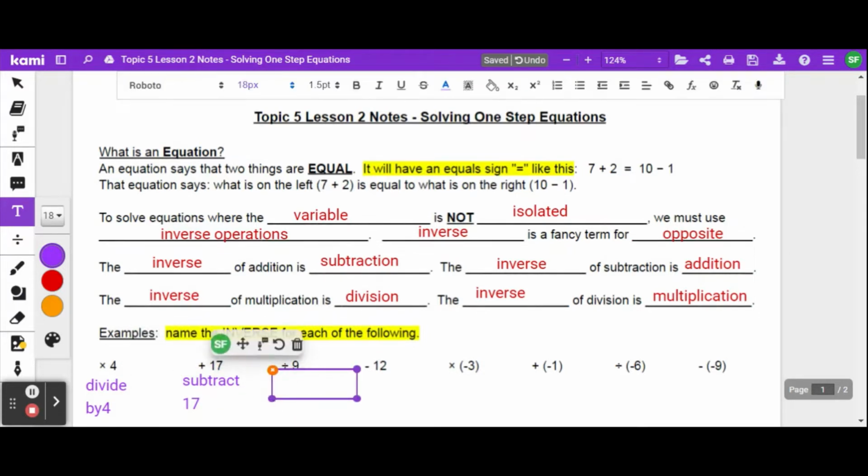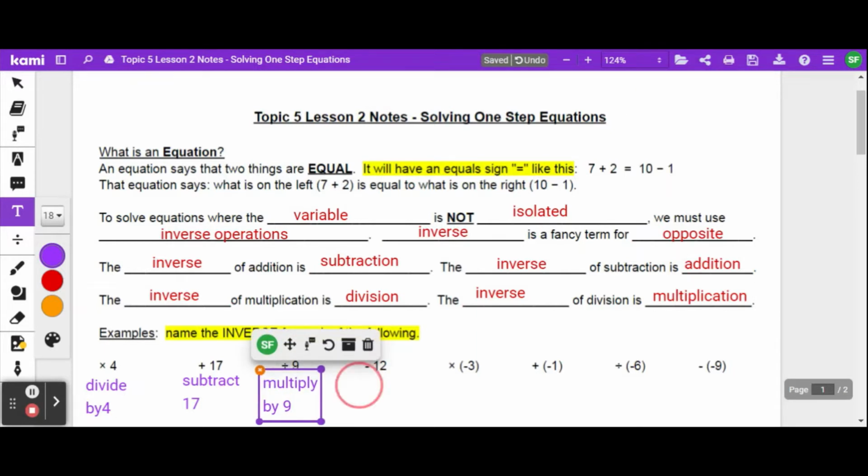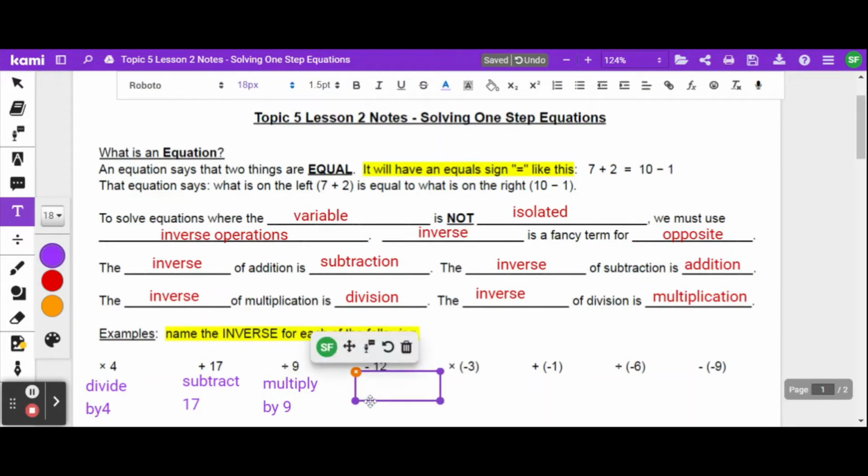The opposite of dividing by 9 is to multiply, so it would be to multiply by 9. The inverse of subtracting 12 is addition, so we would add 12.